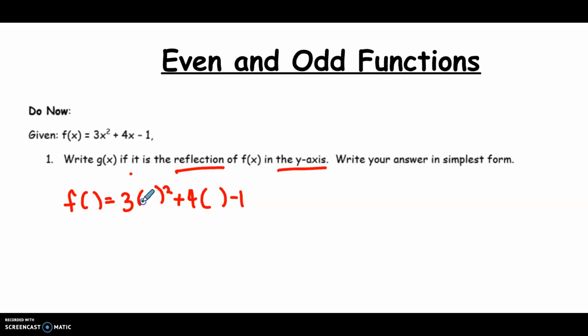So you're going to see a negative x go inside, a negative x go inside. And so when we do that, they asked us to simplify your answer. So you actually want to perform the operation.